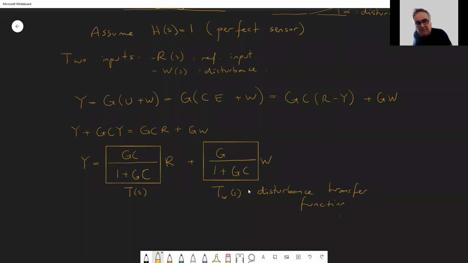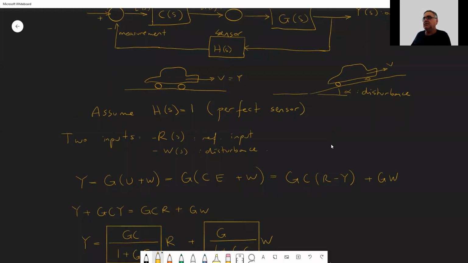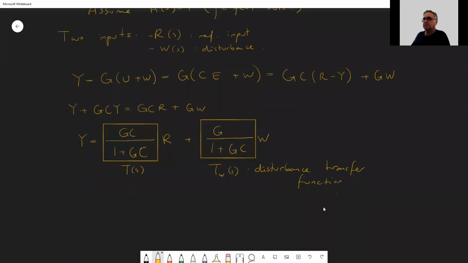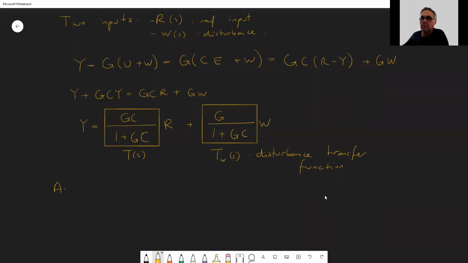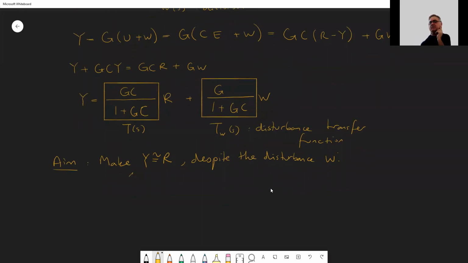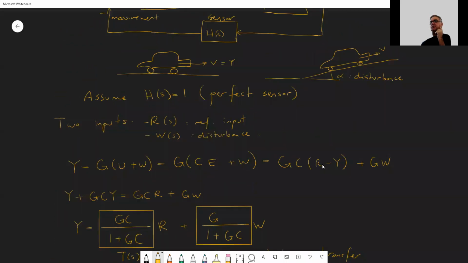So what is our aim in this control system? The aim is to make Y equal R despite the disturbance W. Despite the fact that there is a disturbance, you try to make the output follow the input.